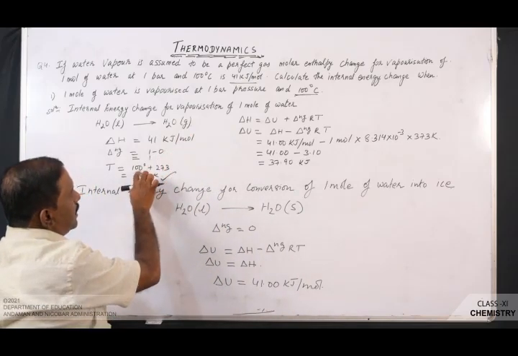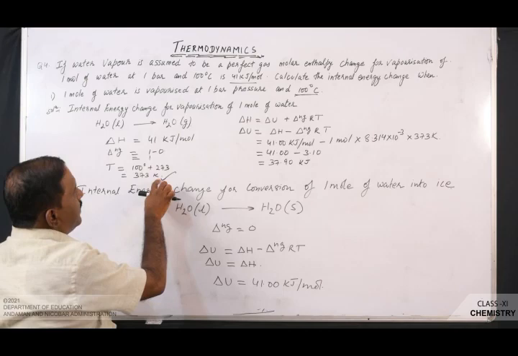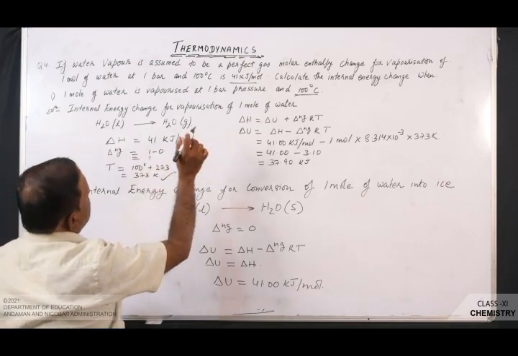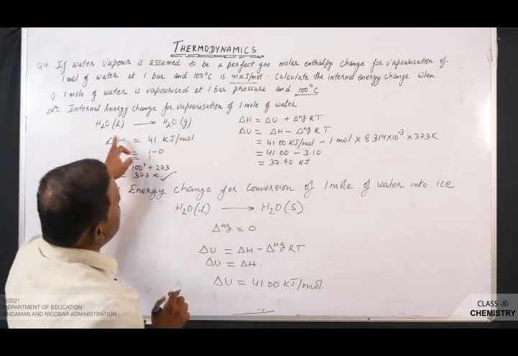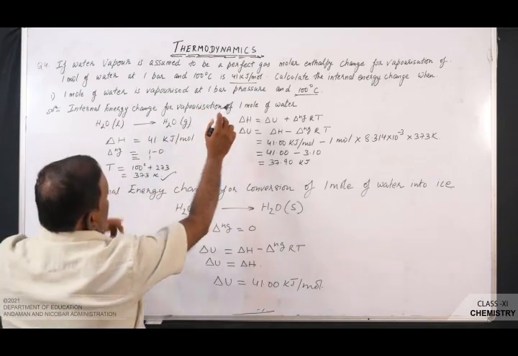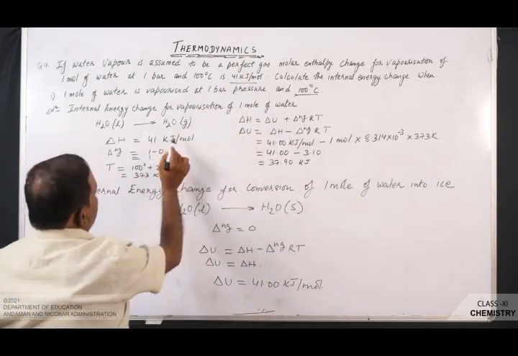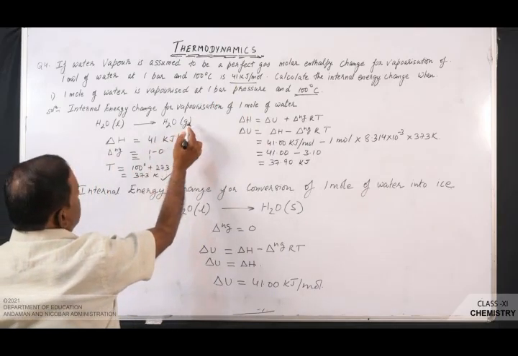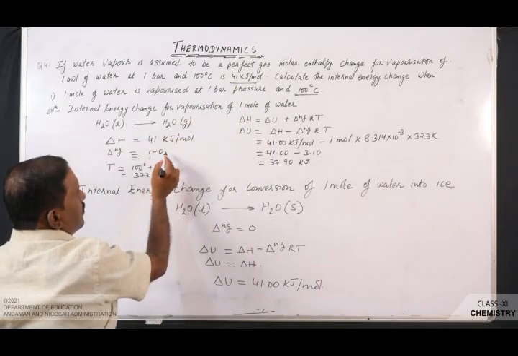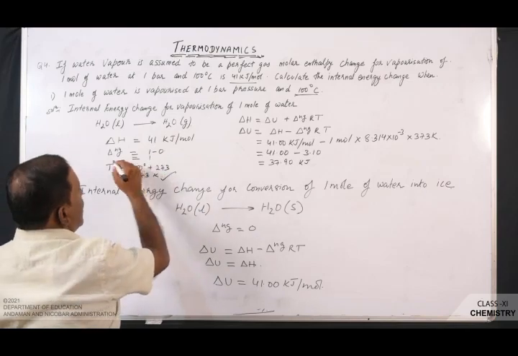We have changed 100 plus 273, 373 Kelvin. Now delta H, the enthalpy change, is given as 41 kJ per mole, that is the molar enthalpy change. Now Ng, gas and liquid, so 1 minus 0, that is 1 mole.